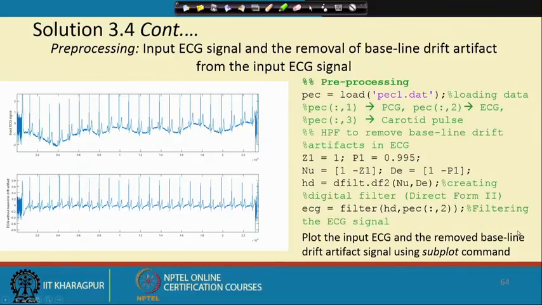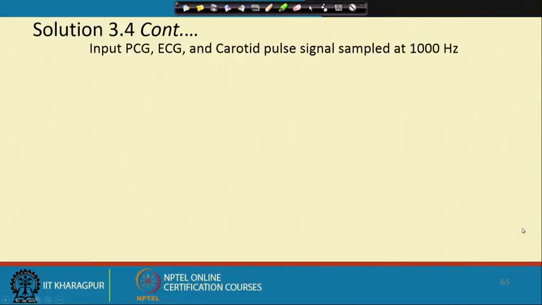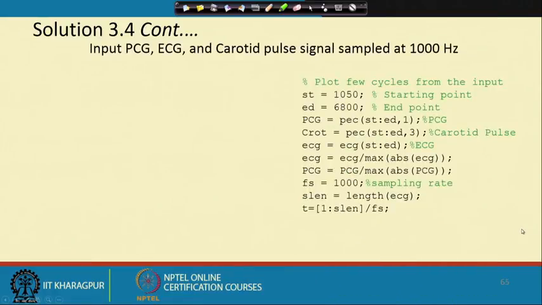So, we are able to remove the baseline wandering. Once the pre-processing is done, let us look at how we need to proceed.